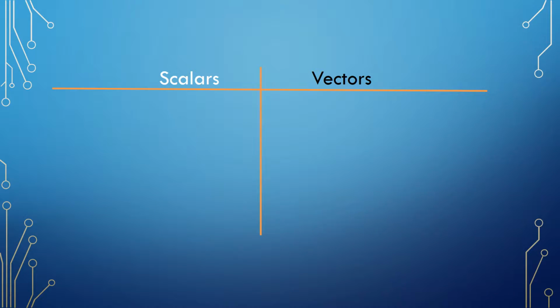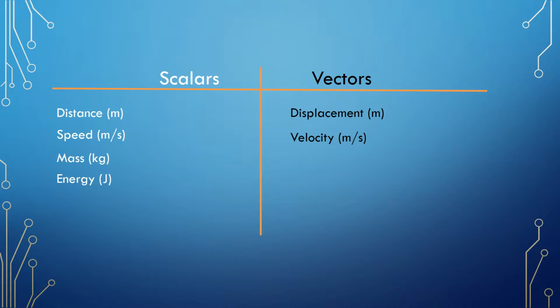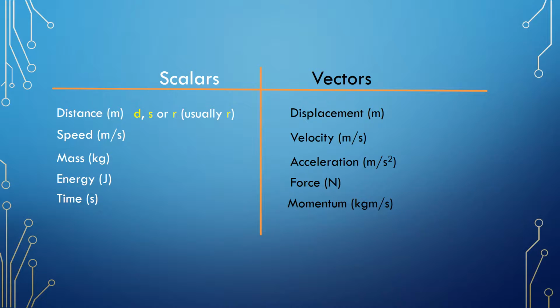So let's have a look at some scalars and vectors. Let me just put the same scalars and vectors we had from the previous video down. To write distance, we use either d, s, or r, but usually it's r. For speed we use v, for mass we use m, for energy we use e, u, or w, for time we use t.